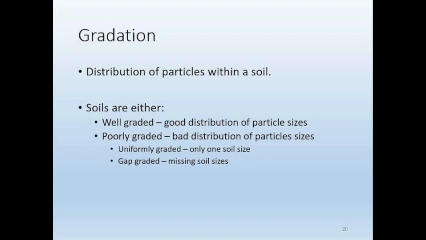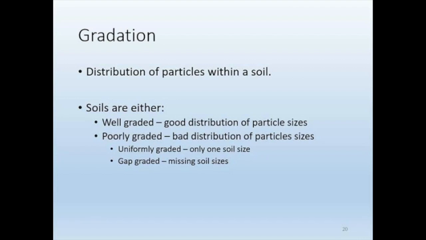Well-graded sand, I think this comes out of the concrete industry, but they talk about having a good distribution of particle sizes. What I want is a poorly graded sand. Usually you don't want to be poor. In this case, you probably do. I want a bad distribution of particle sizes. I want a uniformly graded sand with only one particle size or dominated by particle sizes.